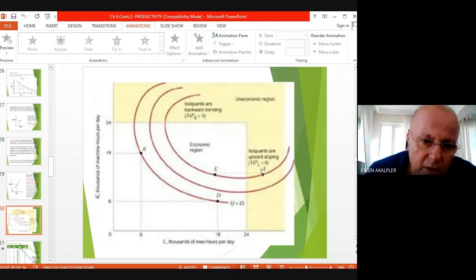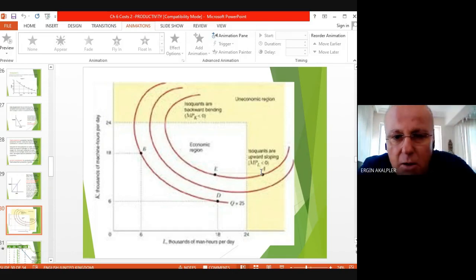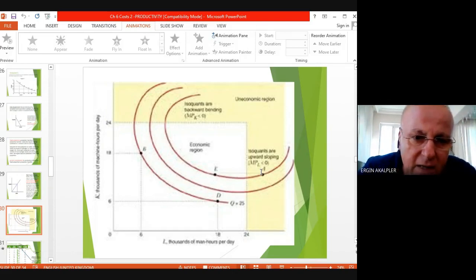Unfortunately, this graphic is not very well illustrated because it was not very clear, but I want to show you again these isoquant curves, where the economic regions are illustrated with white areas, and the uneconomic regions illustrate the non-profit or diseconomic areas.